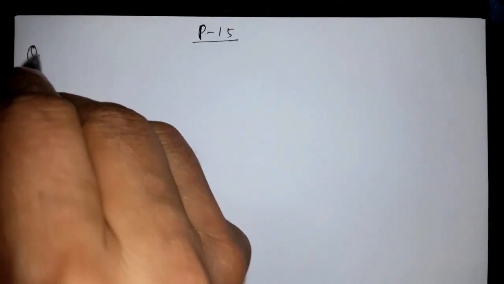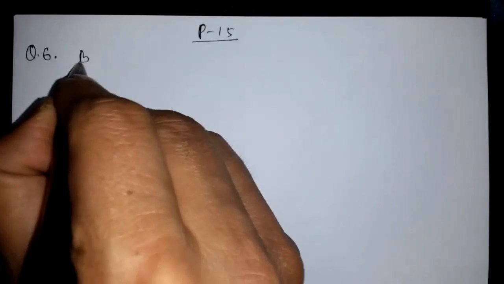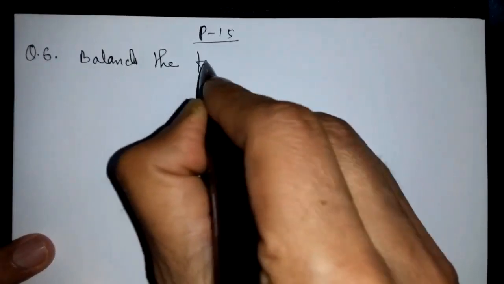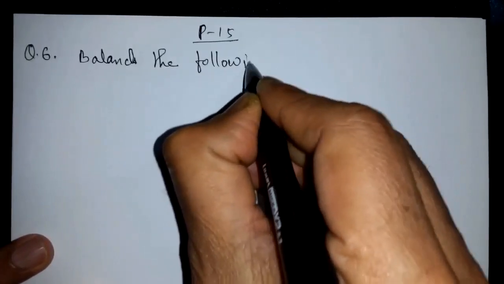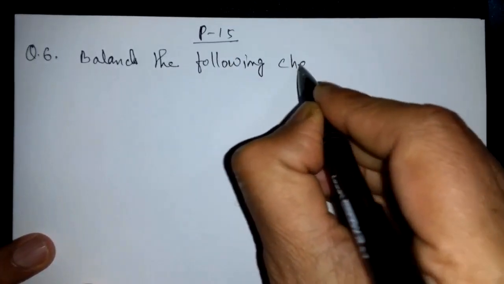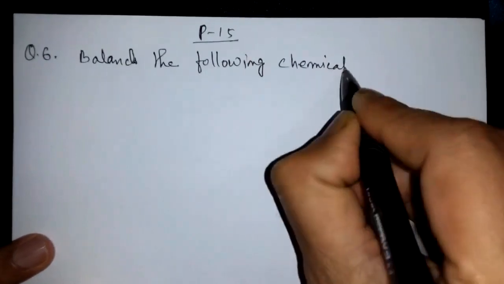So on page 15, this is an exercise question we'll be trying, question number 6. Balance the following chemical equation.